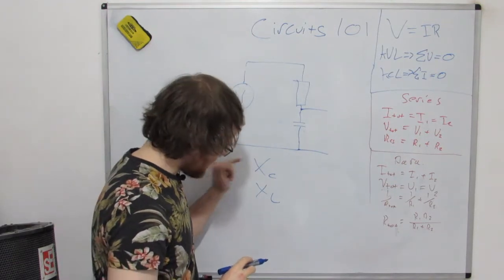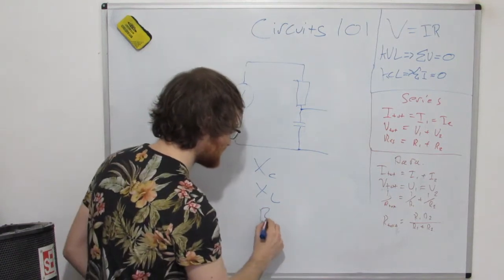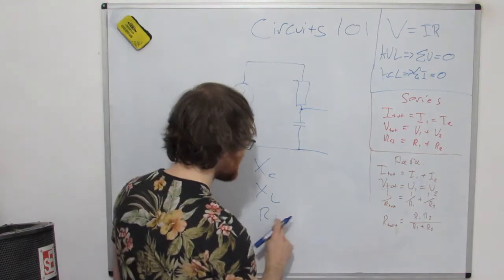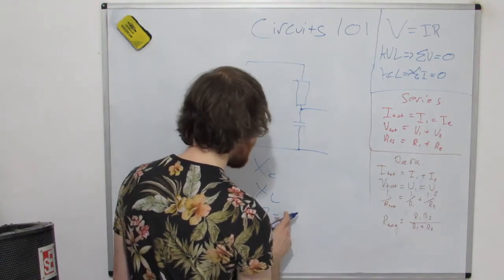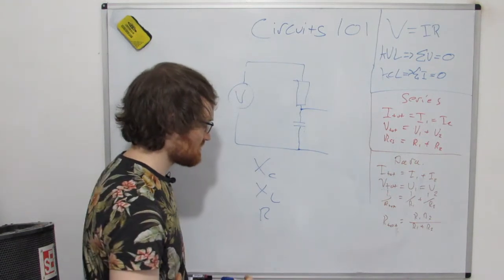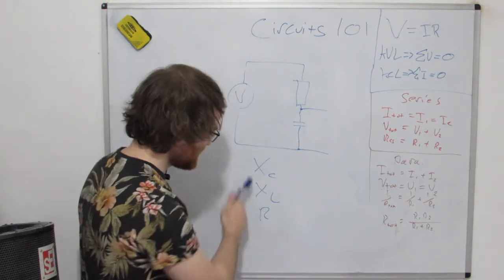So you've got the capacitive reactance, your inductive reactance, and then just your resistance. We've already spoken about resistance. Resistance is just the stated resistor value, written on the resistor.